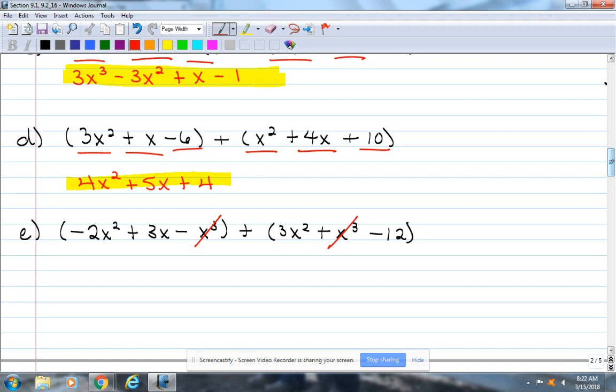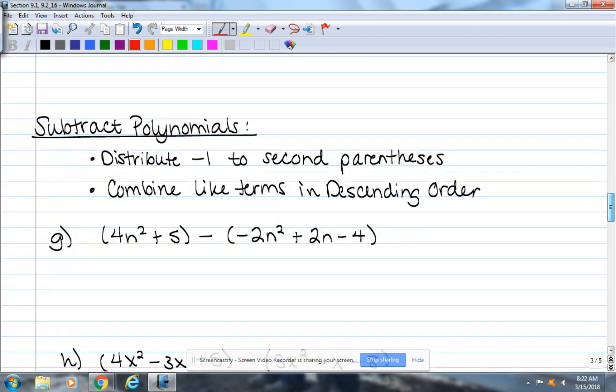Because when I add them, I get 0. Okay, so what did you get when you combined your x squares? 1x squared, so just x squared would be fine. If you put a 1 there, that's okay. And I like to underline them as I go so I don't leave anything out. Then what's next? It doesn't have a like term, buddy, so you copy it, and then same thing with minus 12. So raise your hand if you got x squared plus 3x minus 12 for the rest of that problem. Any questions? All right, we're going to skip these and we're going to go to subtracting.